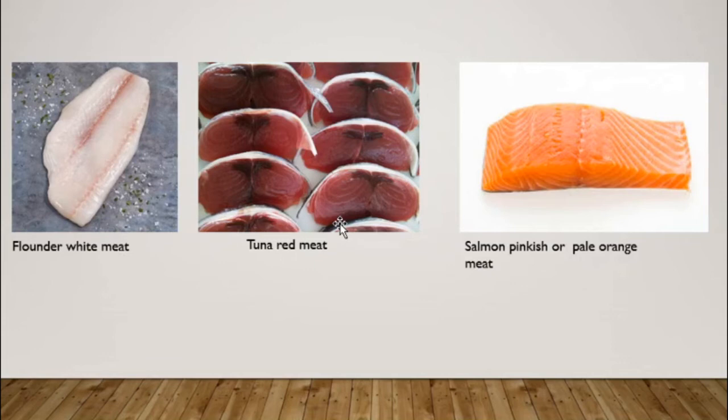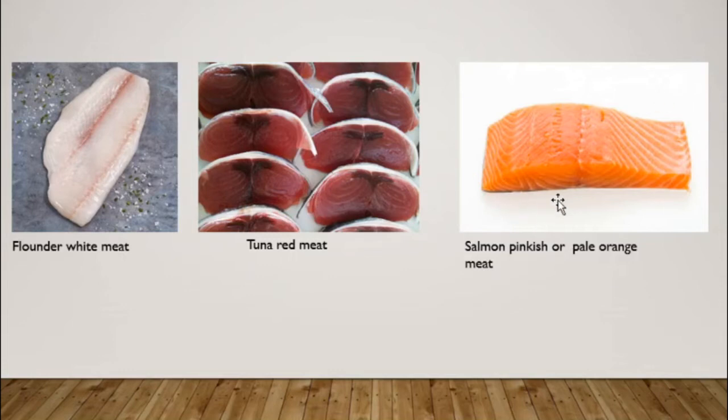Unlike the tuna, which is pelagic. When I say pelagic, they move all the time, day and night, so they need a lot of supply of energy. So the muscles are highly vascularized, so a lot of myoglobin.